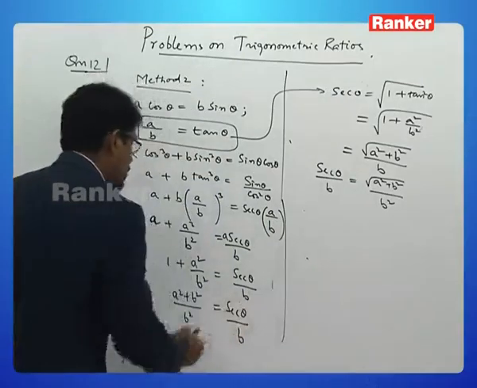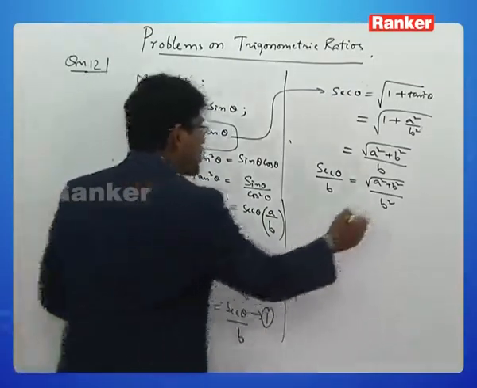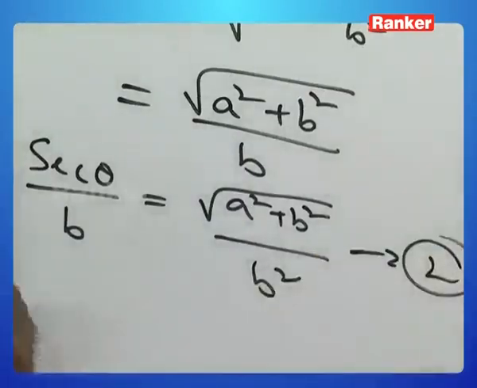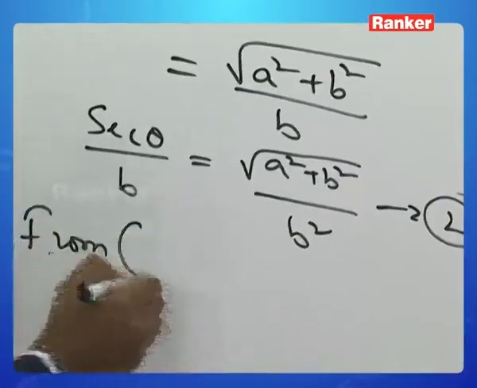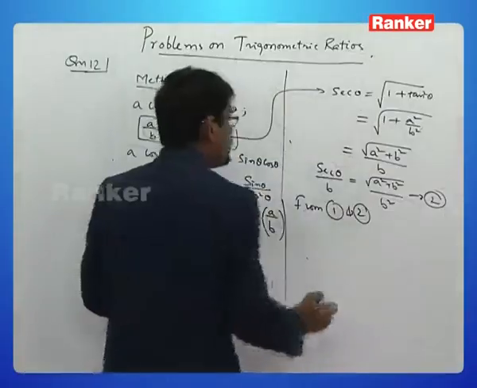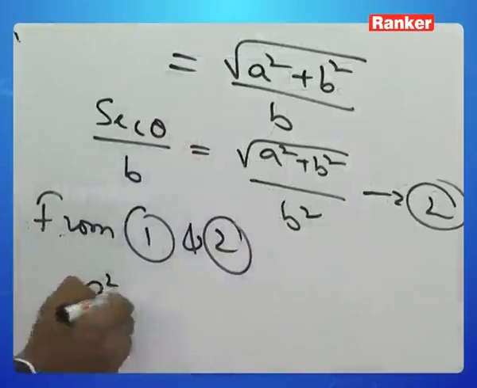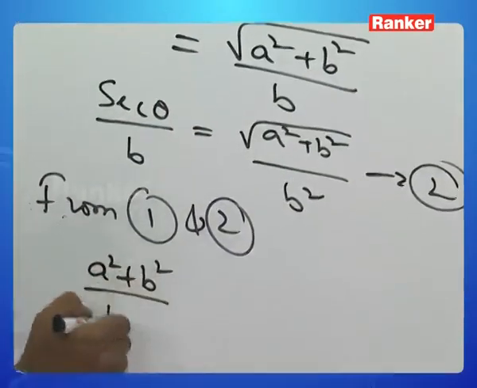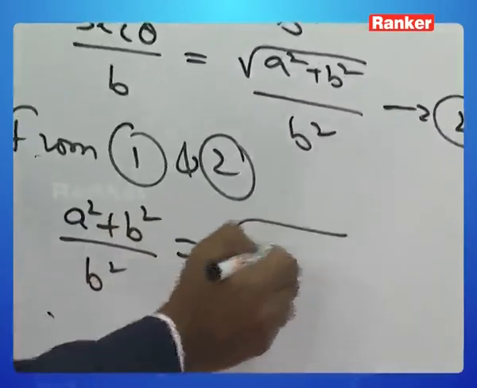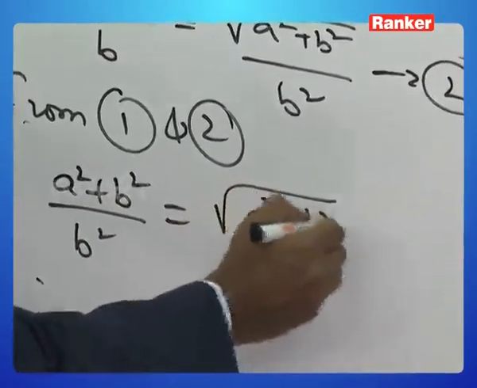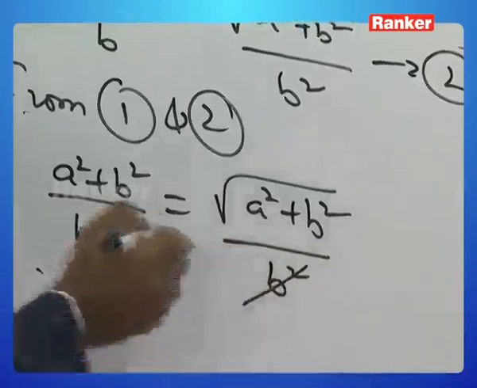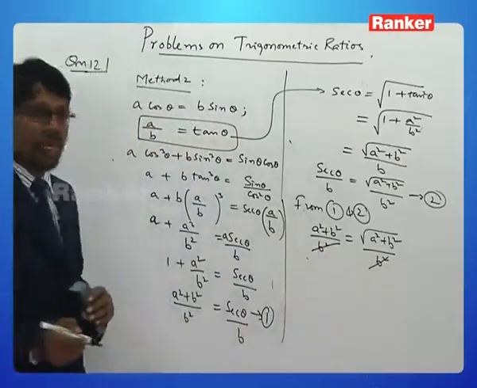Now call this as 1, call this as 2. From 1 and 2, what do you observe? We observe that A square plus B square by B square is equal to under root over A square plus B square by B square. So this B square cancels, and what do we have here?